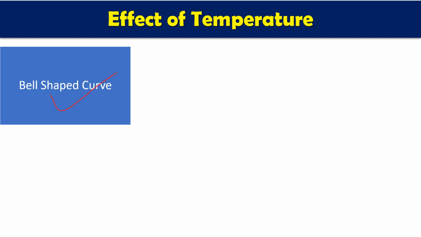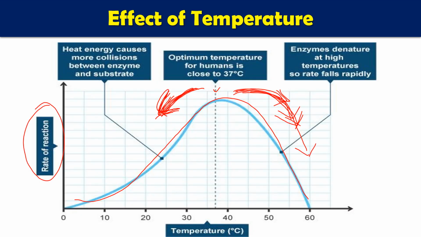That is the characteristic feature of the effect of temperature on enzyme-catalyzed reactions. At lower temperature you will have a low rate, slowly as you increase the temperature toward the optimum, the rate gets higher, and at the optimum temperature the rate will be maximum. If you still increase the temperature, the rate will slowly decrease. So the curve will be a bell-shaped curve.